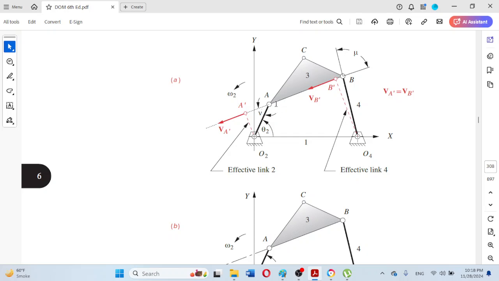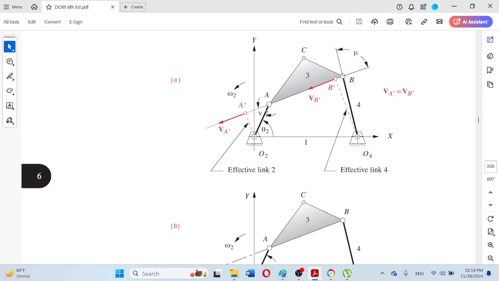So the actual angle is this, but as we can observe, this angle is greater than 90 degrees, meaning it is an obtuse angle.